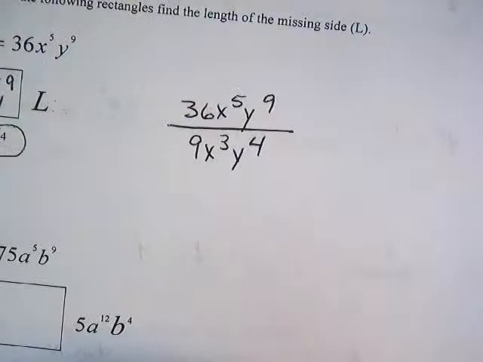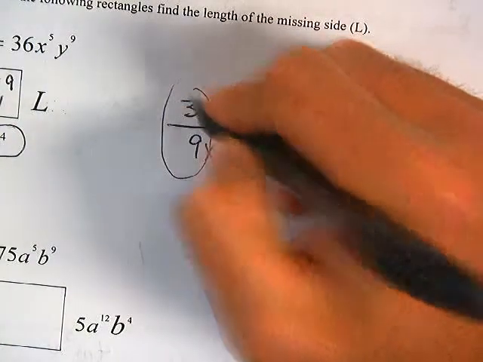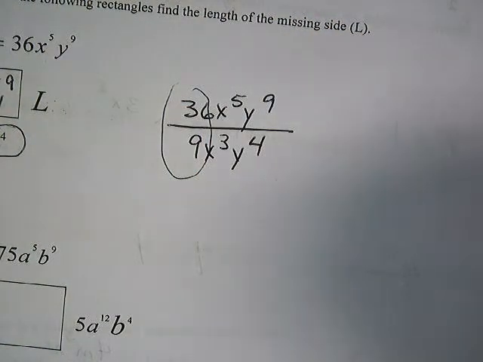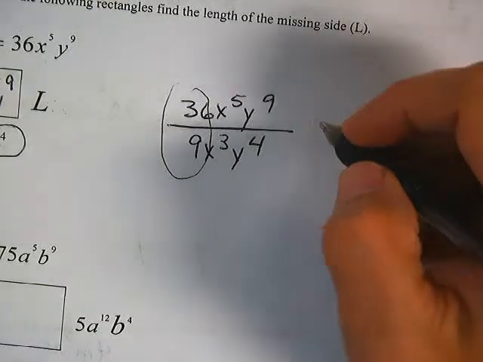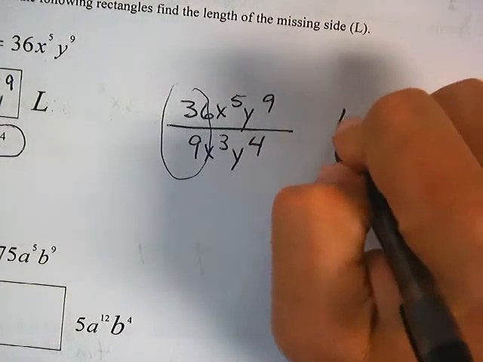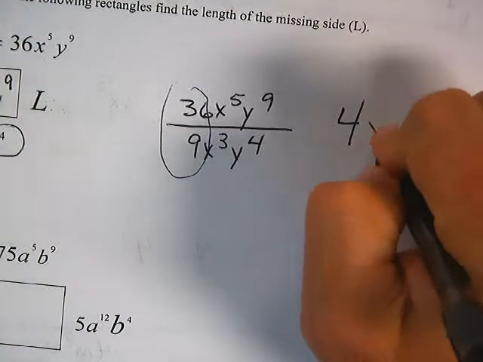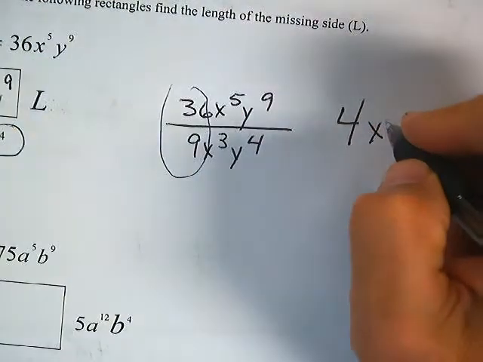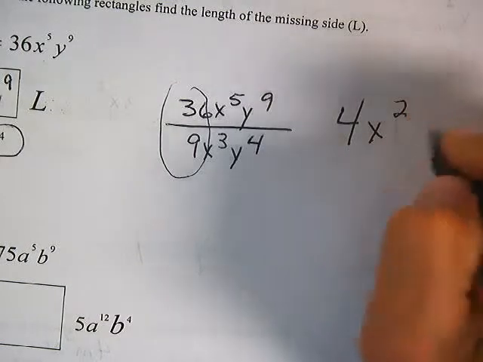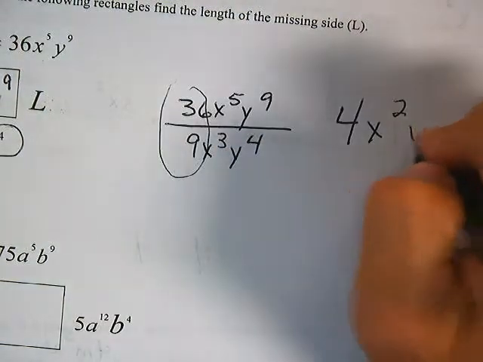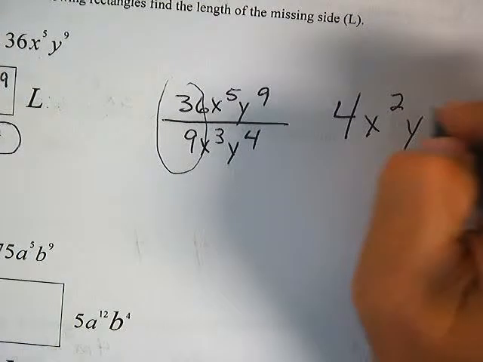All right, let's deal with the coefficients. 36 divided by 9. Yep. Where's the x going to stay? Top. So we have x. 5 minus 3 is 2. Y also stays on top. We'd have y to the 5th.